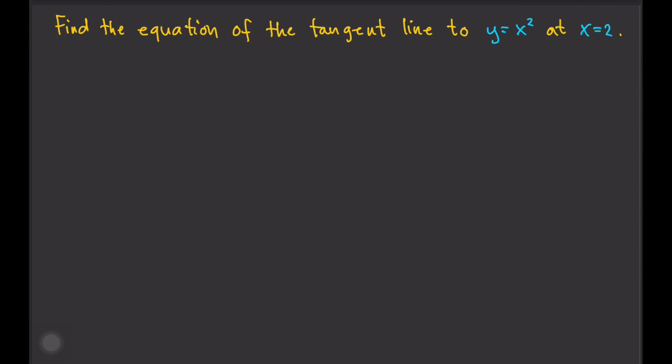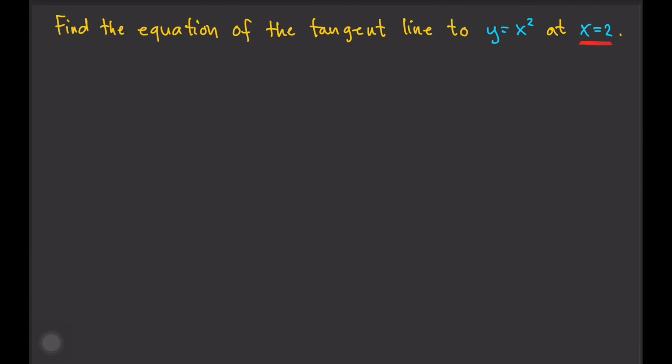Find the equation of the tangent line to y equals x squared at x equals 2. Okay, so it's just going to be the same thing, but the difference here is that we don't have a point. We need a point and the slope, but what we have here is just the x coordinate of the point. So how do we find the y coordinate?